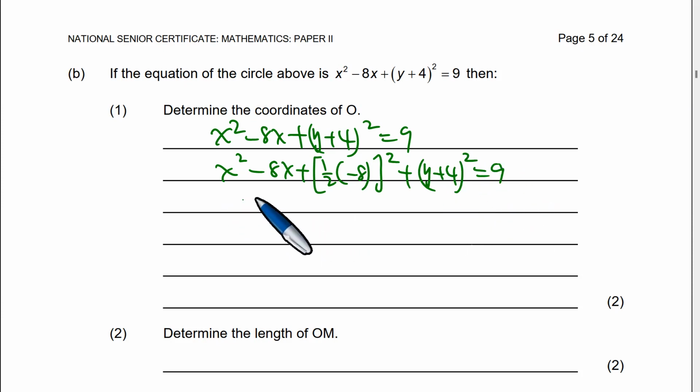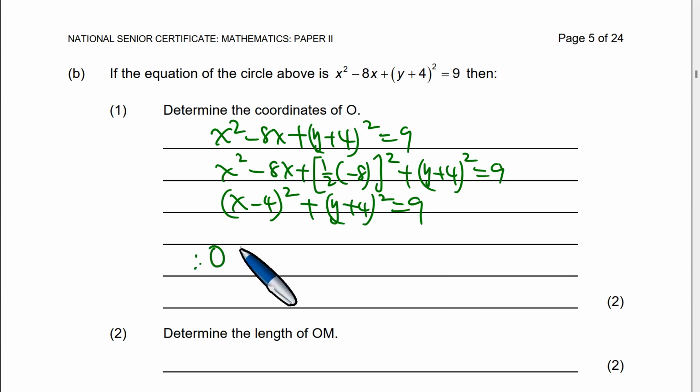Half of this one is minus 4, you square that, (y plus 4) squared equals 9. Because it's negative, you take 4 here, and this one is positive, you take minus. So the coordinates of O are 4 together with minus 4. Those are the coordinates of the center of the circle.